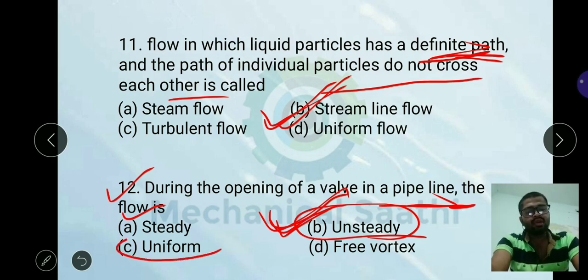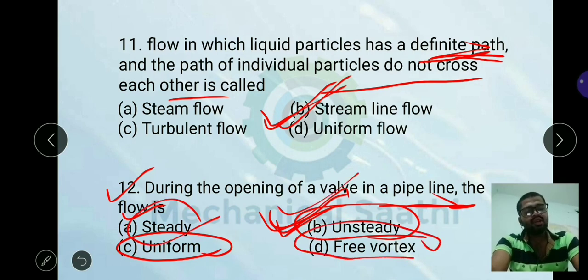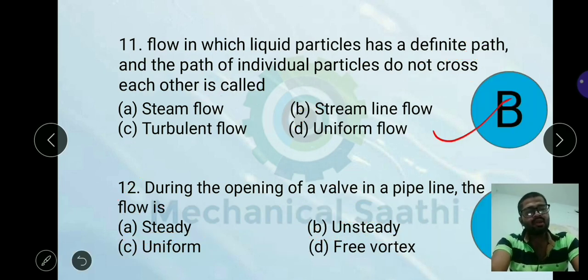It will be not uniform, not steady, and free vortex. So here option B will be correct, and here also option B is correct.